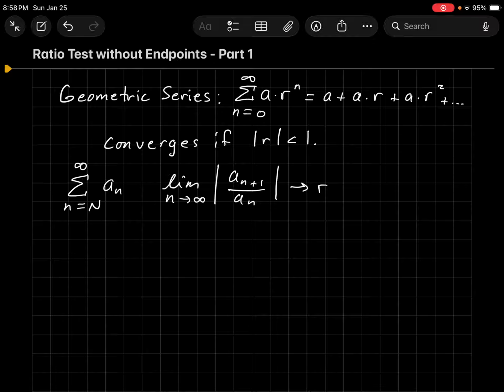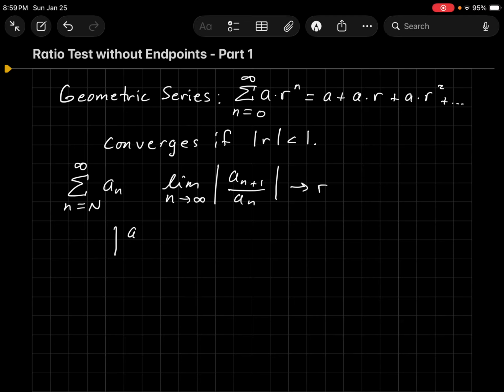So the first finite number of terms might not have a ratio, but way out where it matters, if I take the nth plus 1 term and divide it by the nth term, perhaps we do get a ratio. If so, that series will act almost exactly like a geometric series.